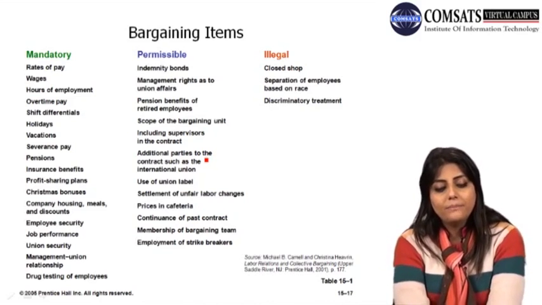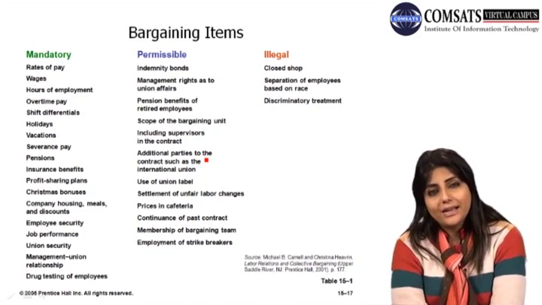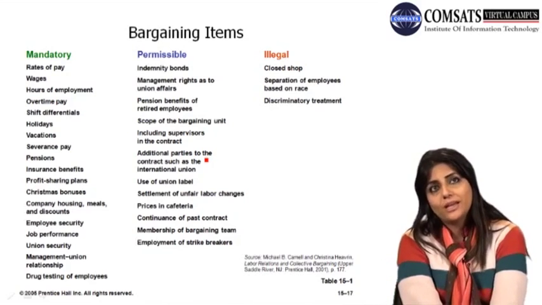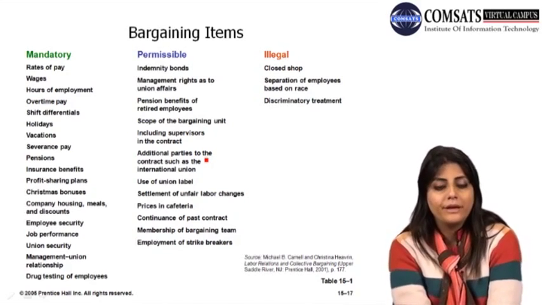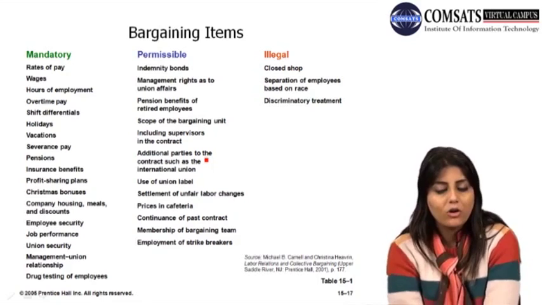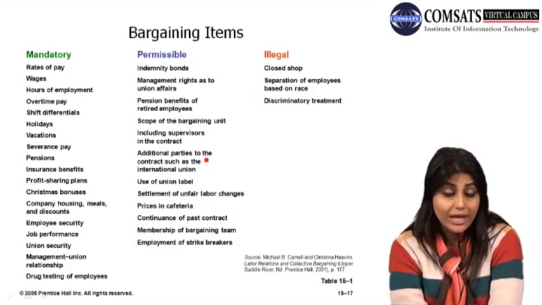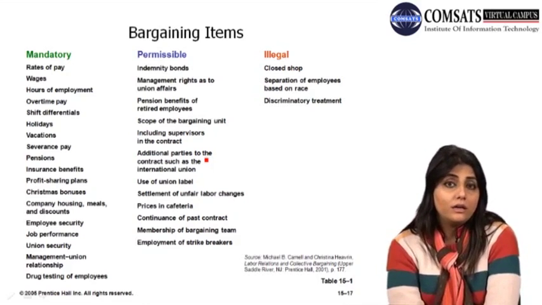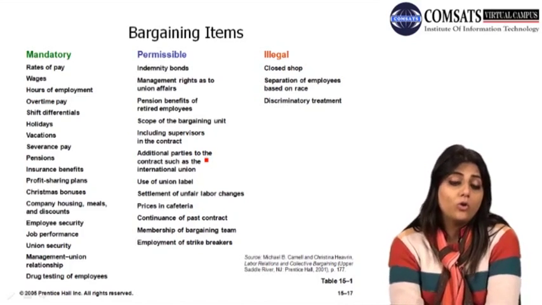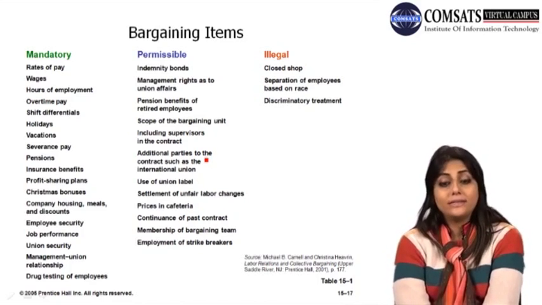So these are all the mandatory bargaining items, and both the parties must bargain over these items and try to enter into a contract over them. Any one of the parties is not allowed to refuse to discuss the item; it is not at their discretion.